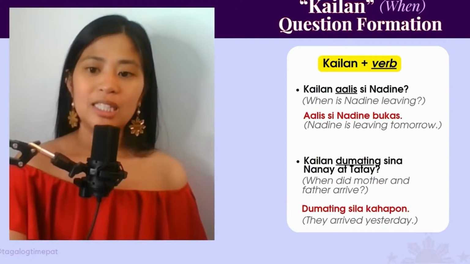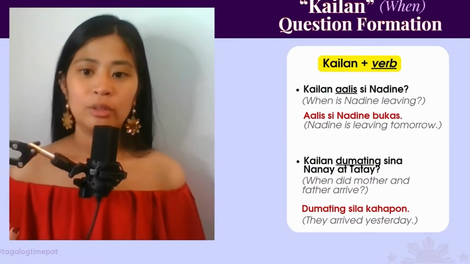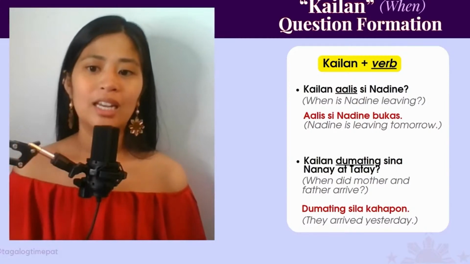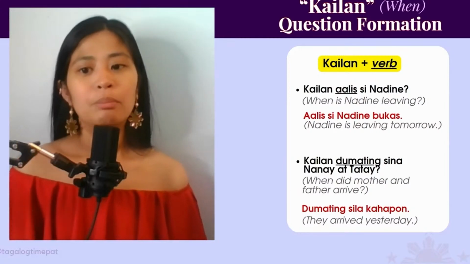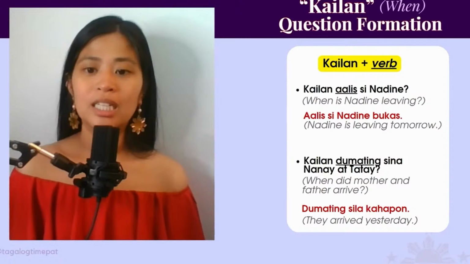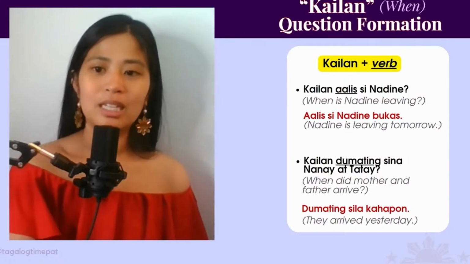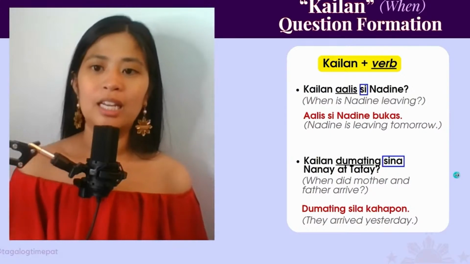So if we were going to say nanay and tatay in the response, we would use sina again. For example, dumating sina nanay at tatay kahapon. But if we're just using the pronoun, it's dumating sila kahapon. Okay, so that's how you would use kailan and a verb.